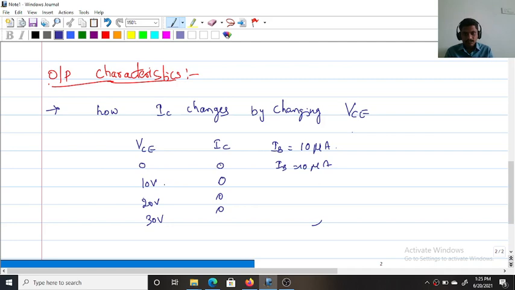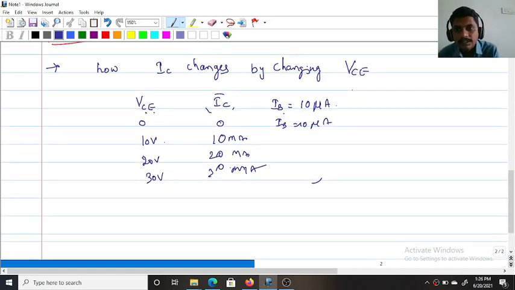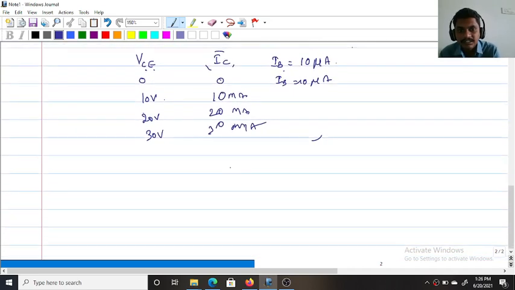When VCE is 10 volts, the current starts increasing, becoming 10 milliamperes, 20 milliamperes, 30 milliamperes, etc. So under constant base current only, we vary VCE so that IC changes. If IB is 0, whatever voltage you apply between collector and emitter, the collector current will be 0. That is about the output characteristics.